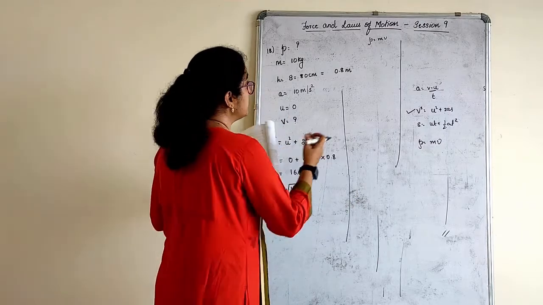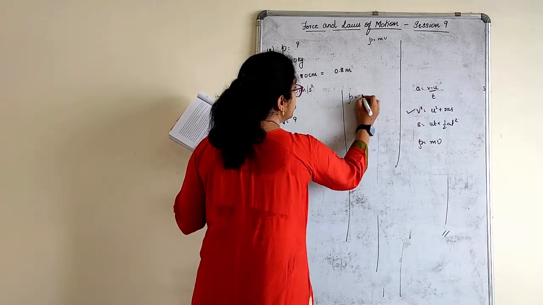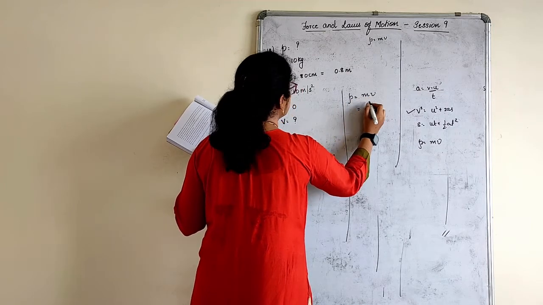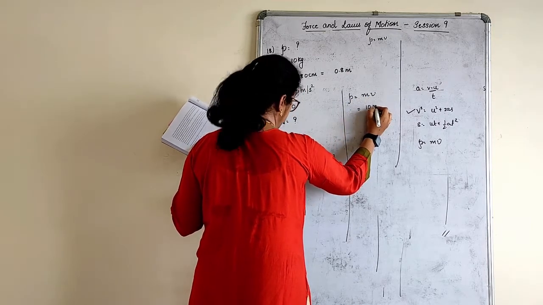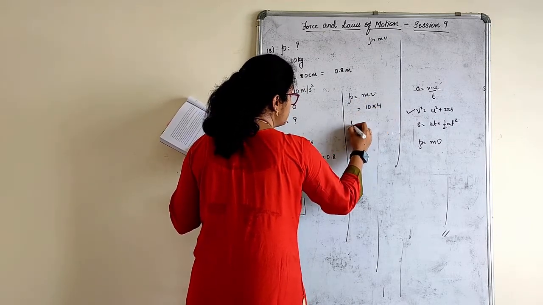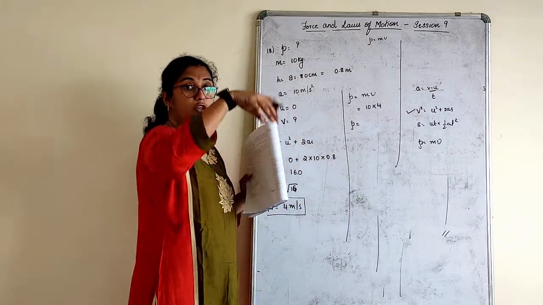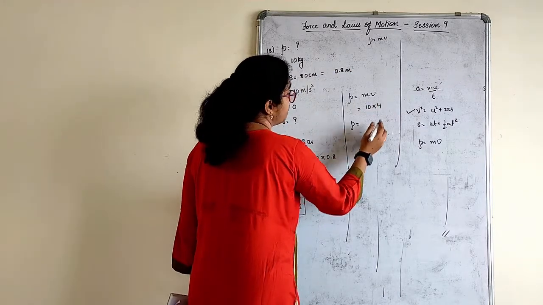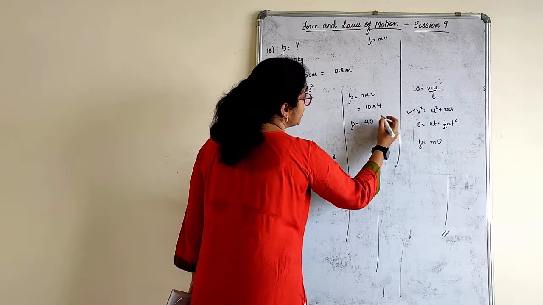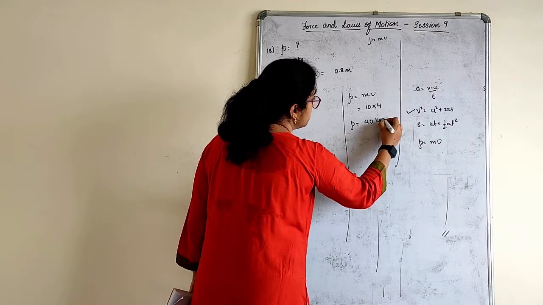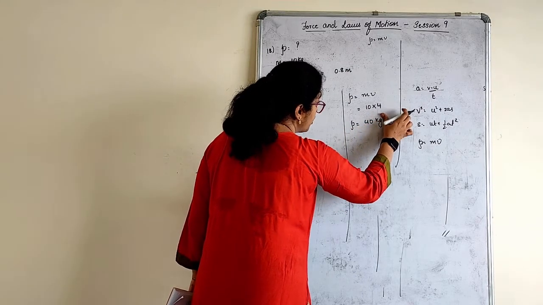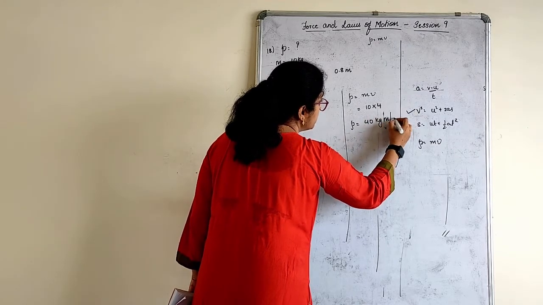With the help of velocity, can we find the momentum? Momentum is equal to mass into velocity. Mass is 10. Velocity is 4. So momentum of the dumbbell when it falls on the floor from a height of 0.8 meter is 40 kg meters per second.